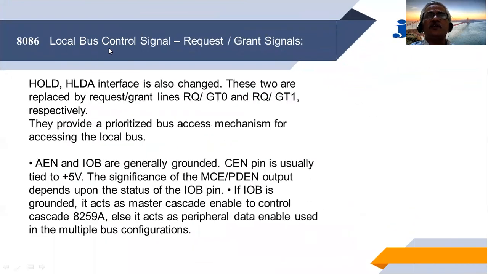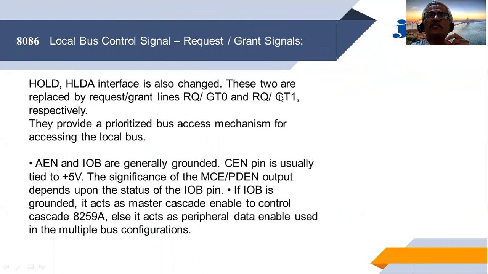Then we have the local bus control signals. Now in maximum mode, when it is operating in a multiprocessor environment, there is no signal like HOLD or HLDA. Rather, some new signals are generated: RQ/GT0 and RQ/GT1.